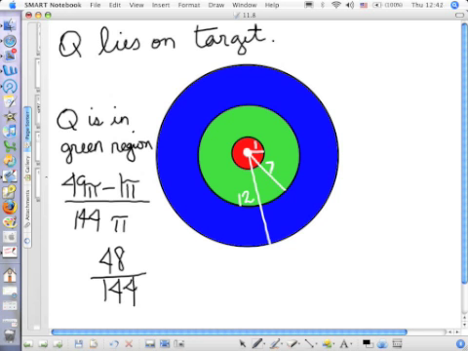So we reduce 48 and 144. 48 goes into both of them. 48 goes into 144 3 times. So 1/3, which simply means that the green region is 1/3 of that whole thing.